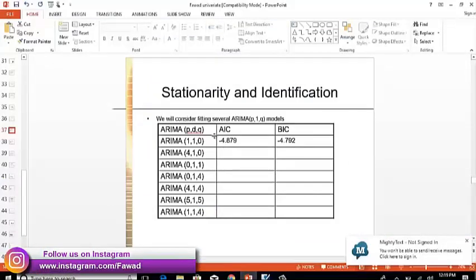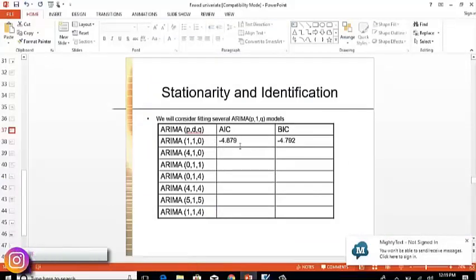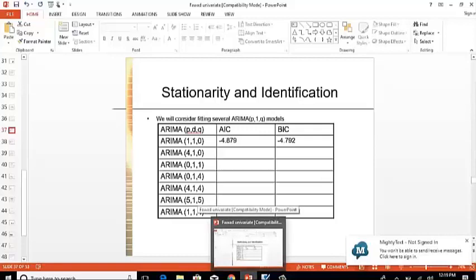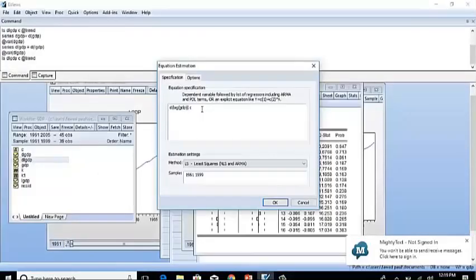This I have already calculated. So AR4 and MA0, meaning MA0. AR1 2 4.